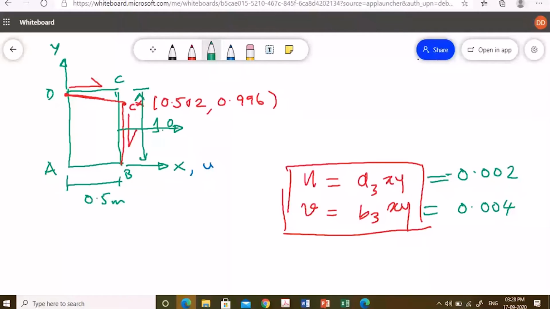So now these two values are known to me. What is the value of X and Y at point C? The value of X is 0.5, Y is 1. So I can quickly find A3 is minus 0.004 and B3 is plus 0.008.